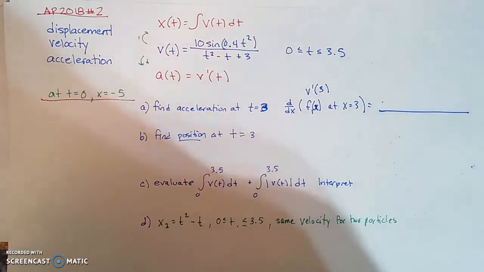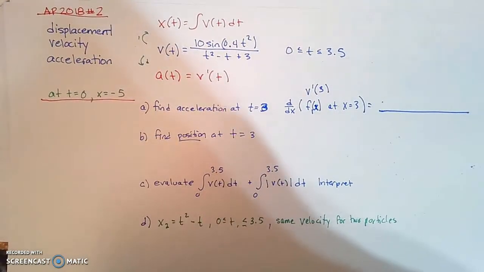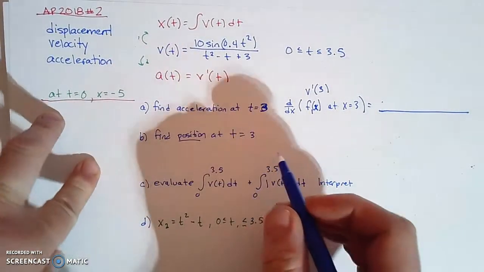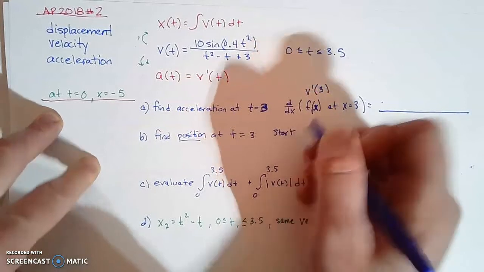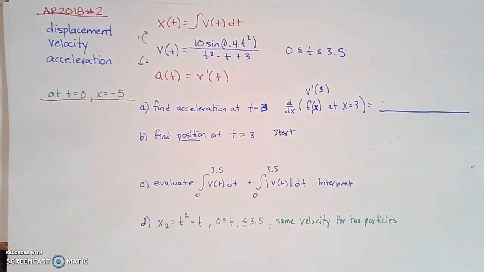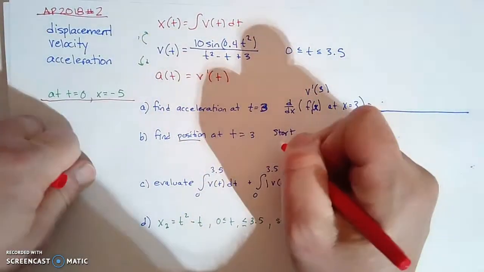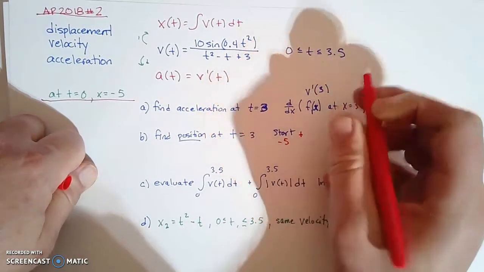Next it says find the position at time t equals 3. Well, the position is going to be wherever we were at the start. And at the start, we were at position -5, plus however far we walked.